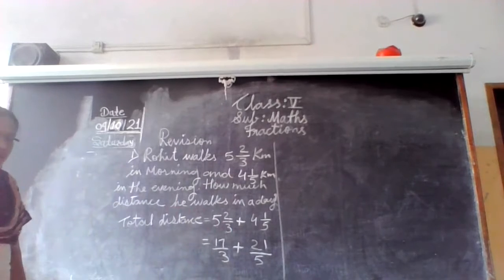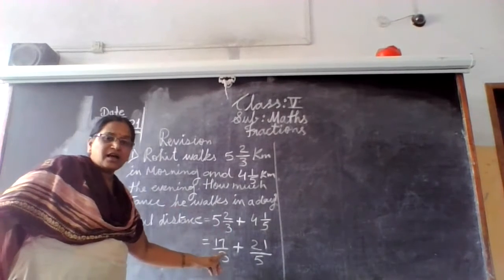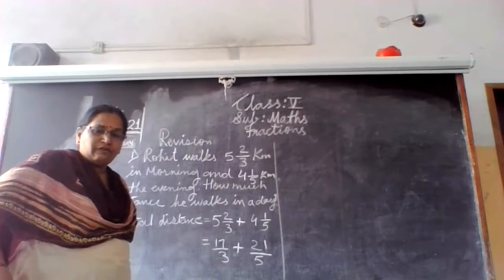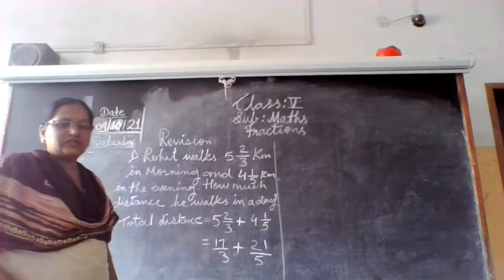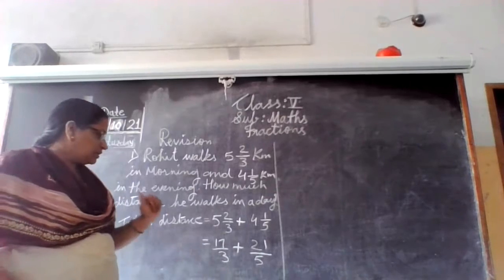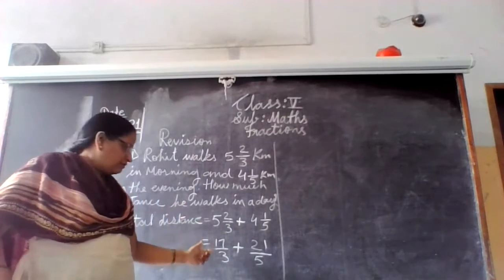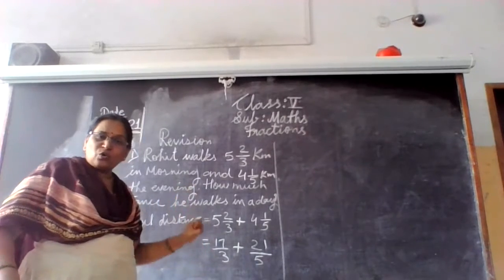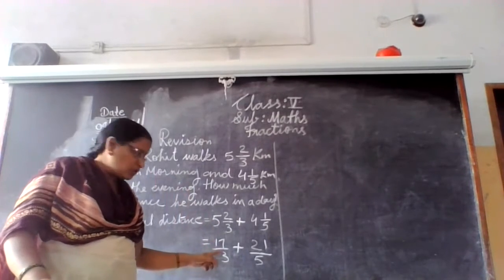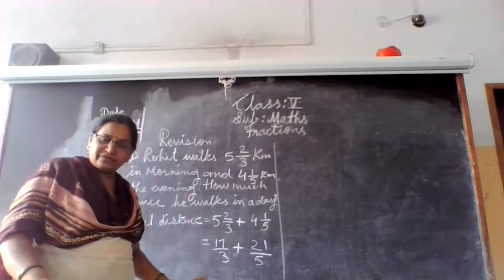Okay. Now see, they are unlike fractions. So what to do? When denominators are unlike, first convert them into like fractions. And to convert into like fractions, we have to find the lowest common multiple. So what should be the lowest common multiple of 3 and 5?